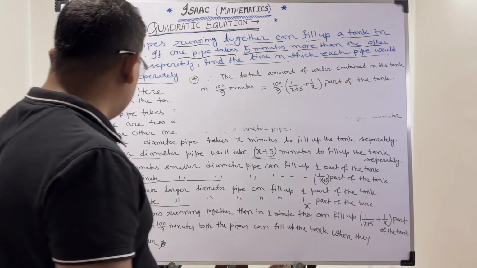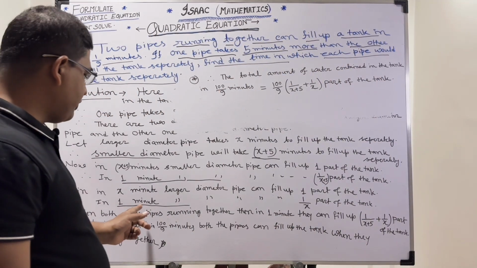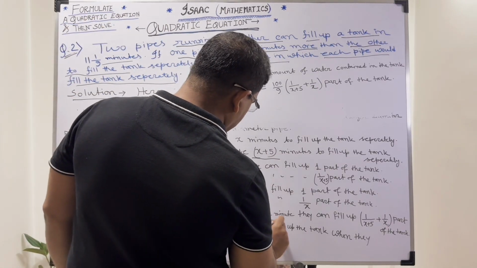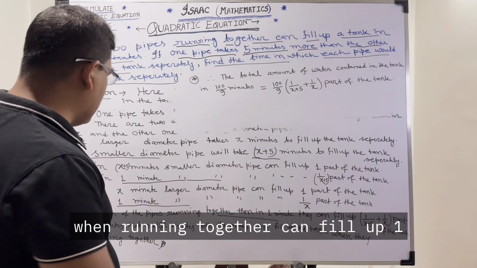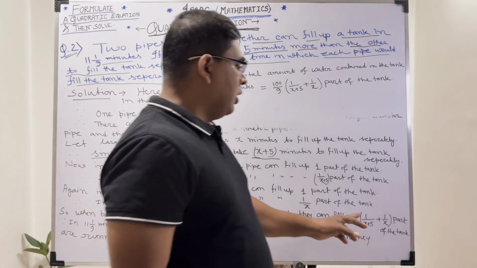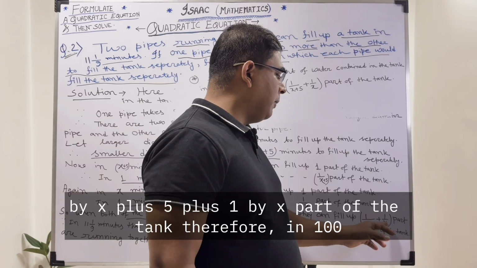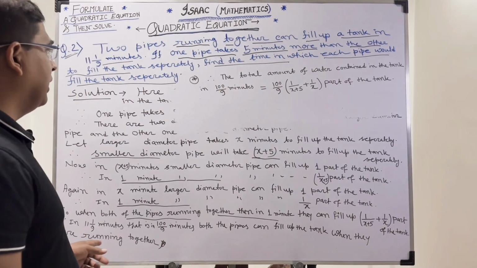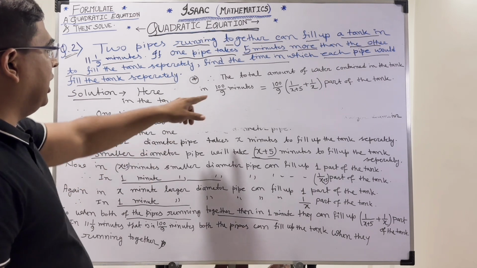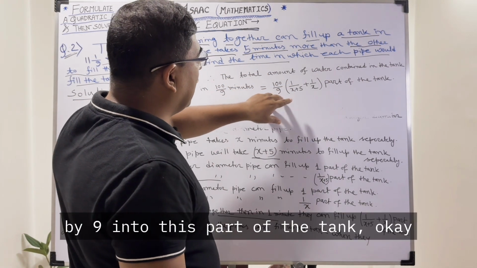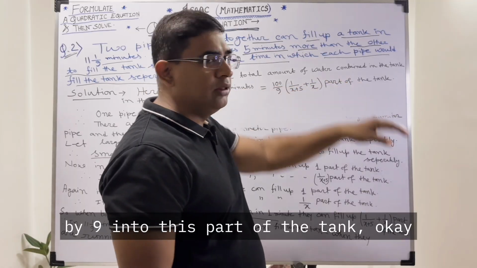Okay, since in 1 minute both of the pipes when running together can fill up 1 by x plus 5 plus 1 by x part of the tank, therefore in 100 by 9 minutes they can fill up 100 by 9 into this part of the tank.